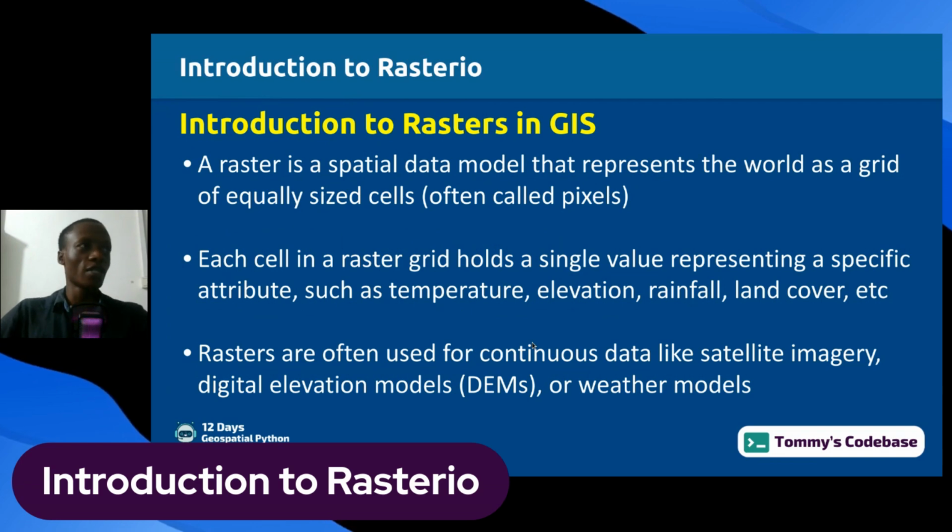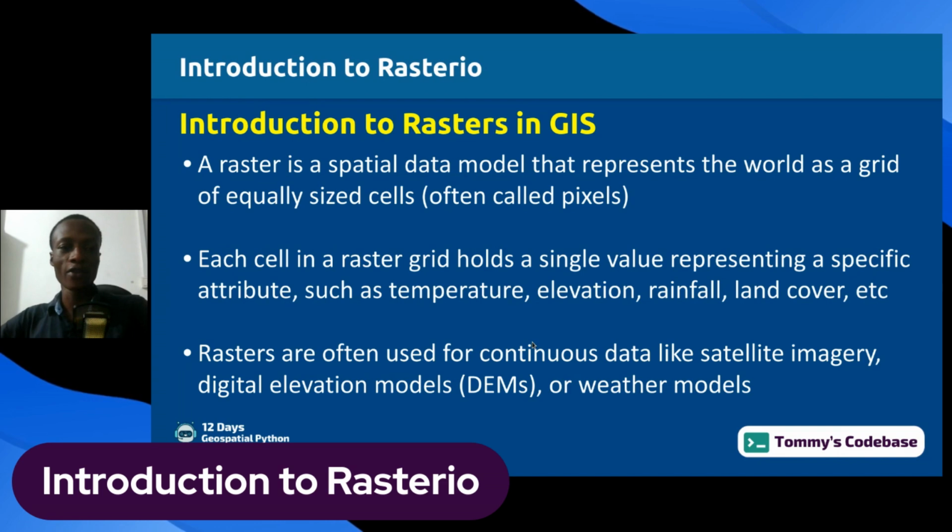Okay, so what is a raster file? A raster is a spatial data model that represents the world as a grid of equally sized cells. And these cells are often called pixels, or picture elements. Each of these cells or pixels in a raster holds a single value representing a specific attribute.